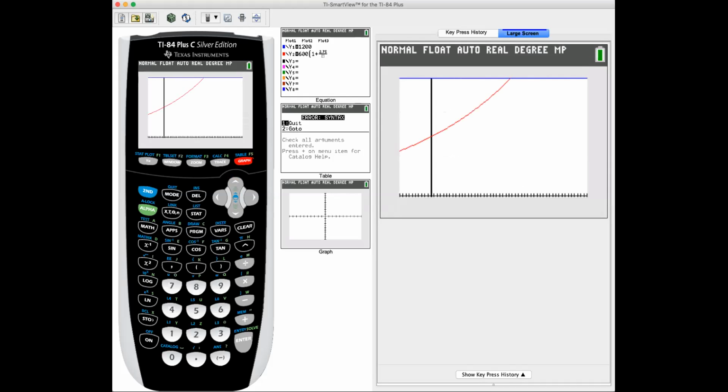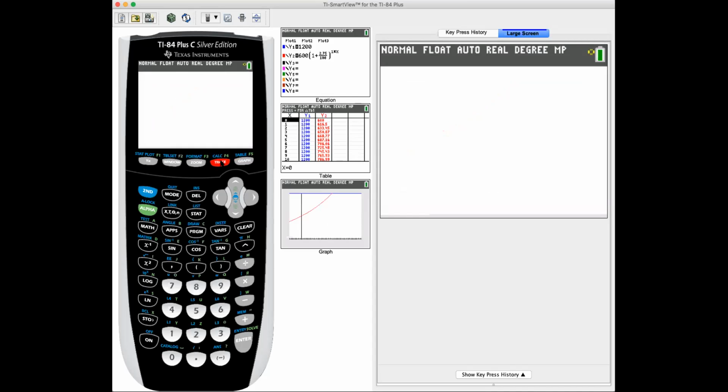You move the little cross to near where the intersection is. Then you click the arrows. There's like 4 arrows, you can just drag it there. Then click second calc and then intersect.